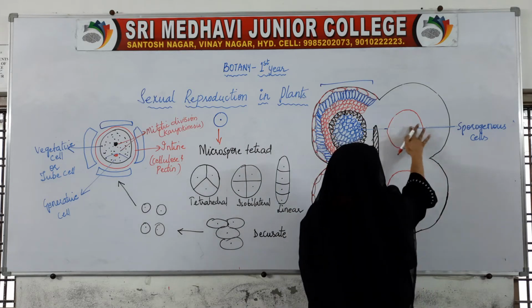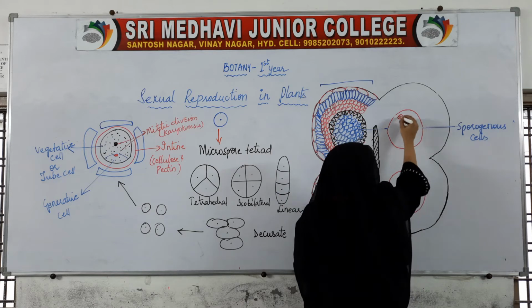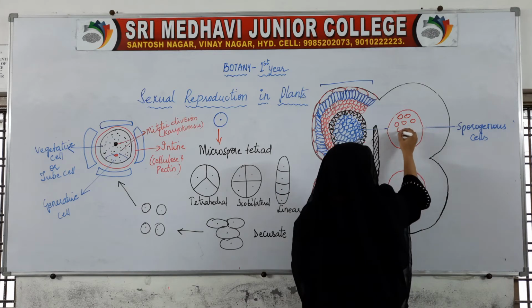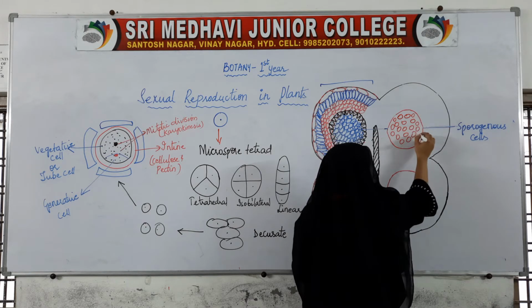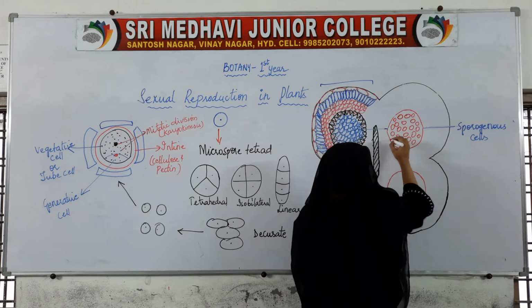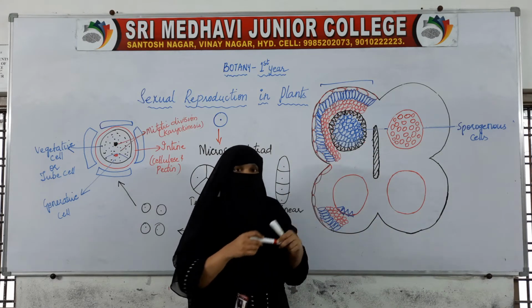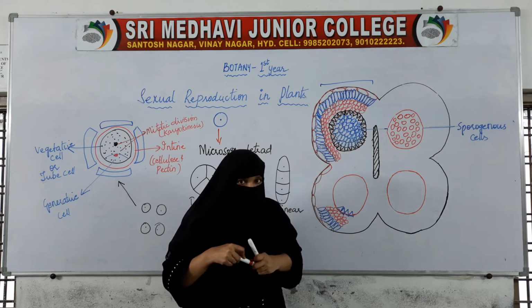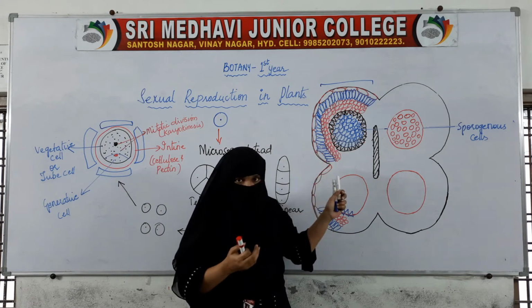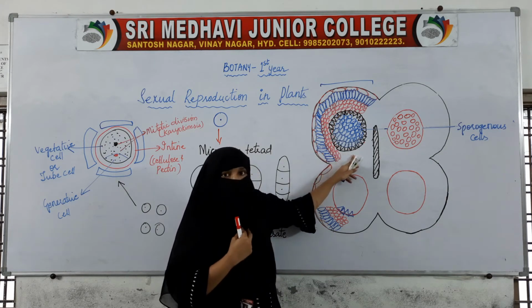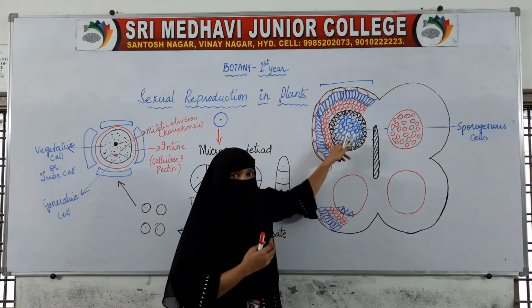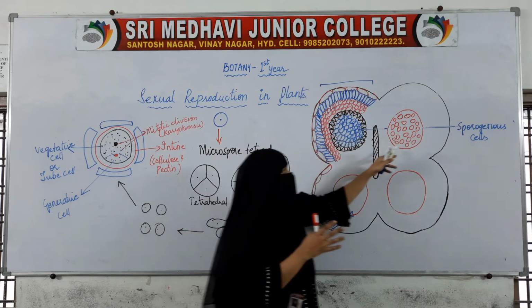I'll write here, the cells have become loose. Because of the increase in the size of the microsporangium, the space has increased, and the cells which were compactly arranged are now a little loose.